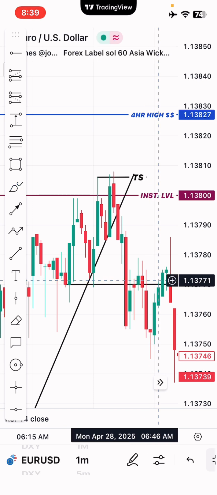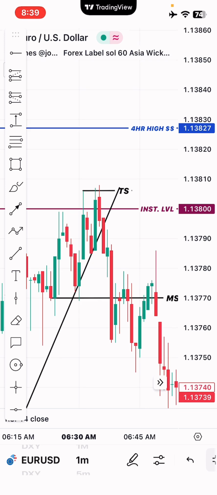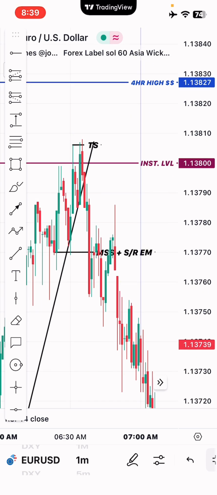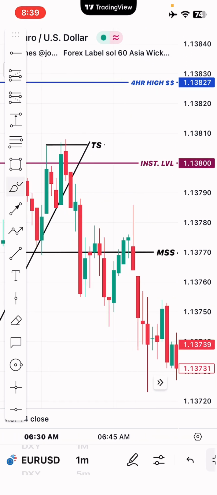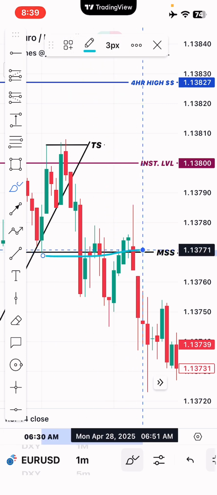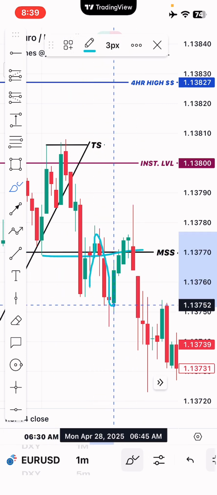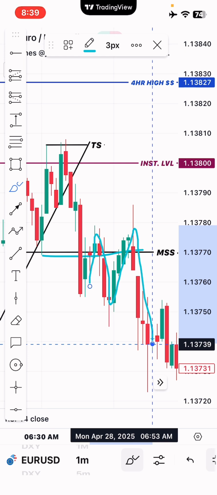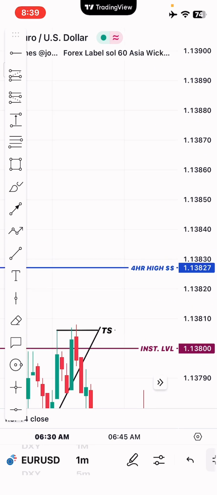So when price did the market structure shift, you can see it acted as resistance twice here, showing you that price is rejecting as resistance, because the same thing I said about the support and resistance model happens for the bearish.